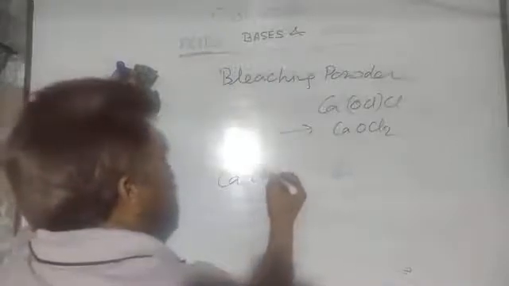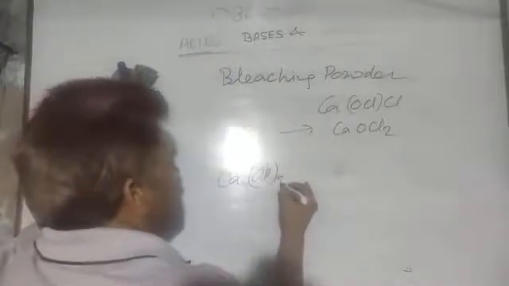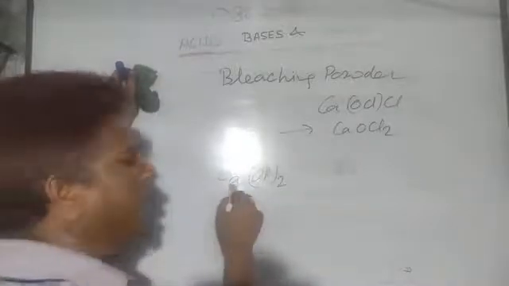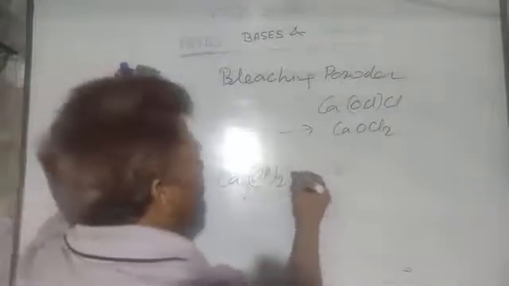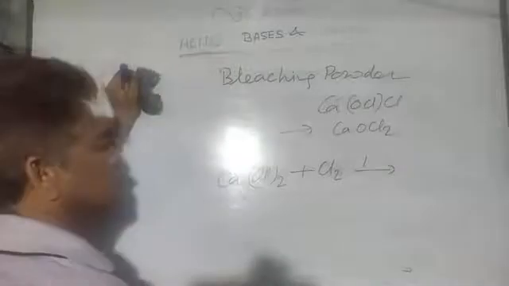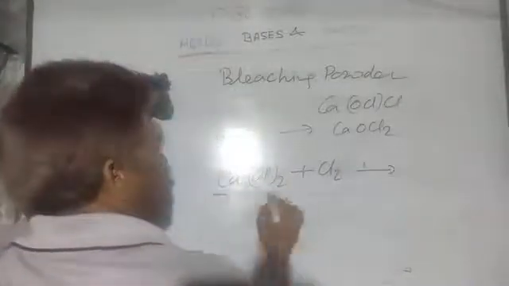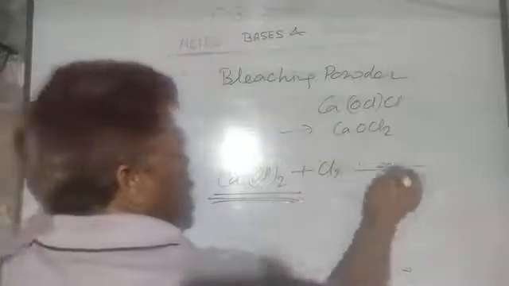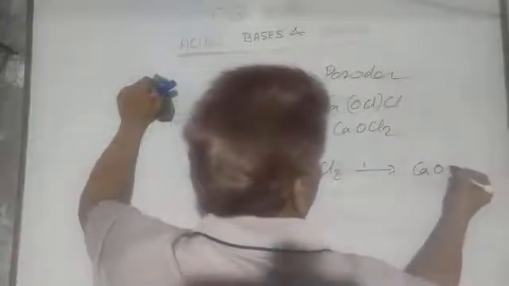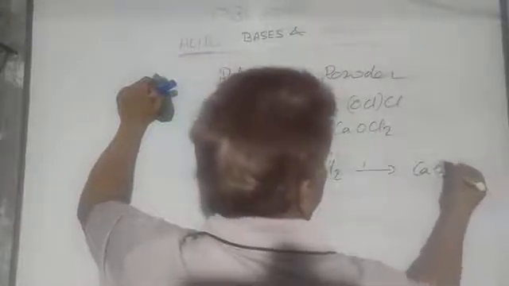So just the preparation: if you heat slaked lime, the commercial name of this compound, calcium hydroxide, when it is treated with chlorine at 100 degrees Celsius, or simply you write slaked lime treated with chlorine, we get the bleaching powder, CaOCl Cl.